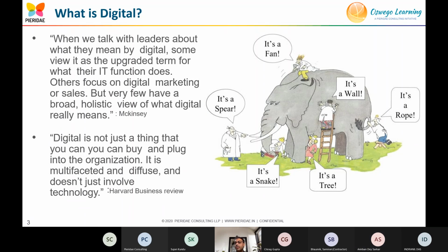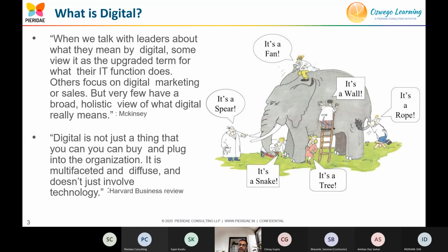That's an upgraded term of IT. Whatever my IT department used to do is something upgraded to that. Nobody has a clear idea about what digital actually is. And some of them will respond saying that digital is digital marketing or social media marketing, something like that.